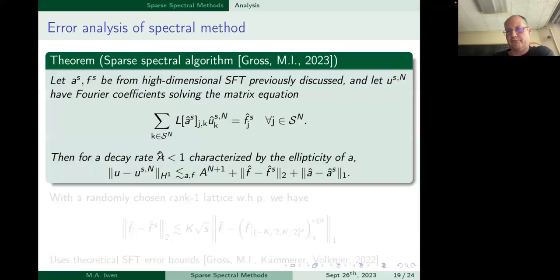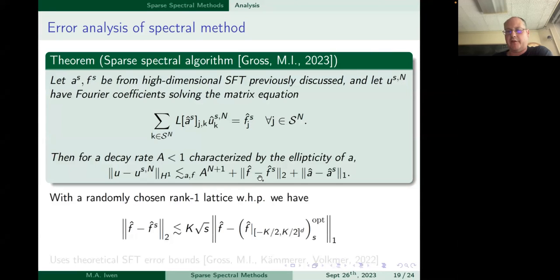I'll show you where this constant A comes from and how you can bound it, plus errors that depend on how accurately your sparse Fourier transform works to approximate the Fourier series coefficients of f and a. And again, those sorts of terms from the first part of the talk can be bounded by best S-term approximation guarantees of the following form.